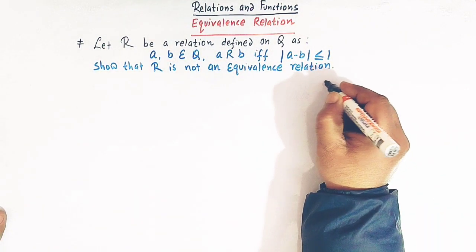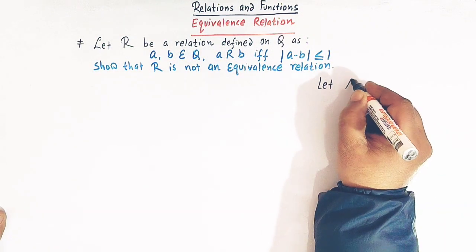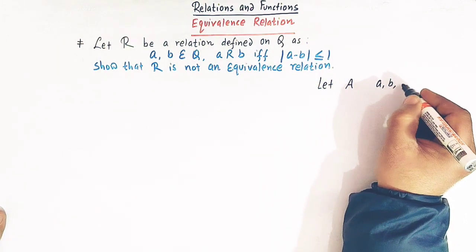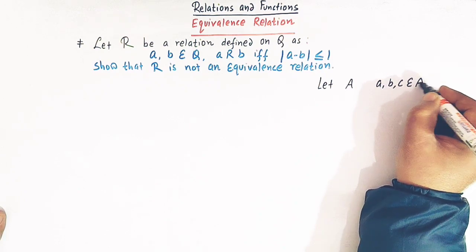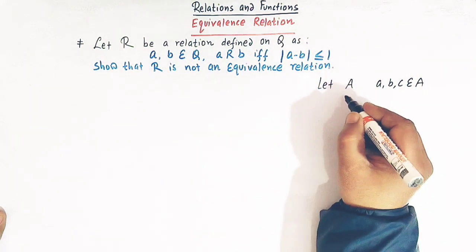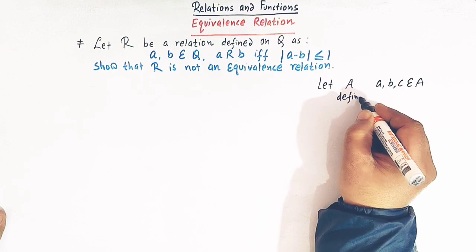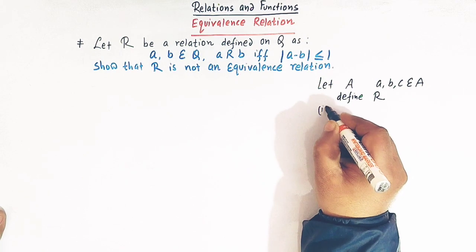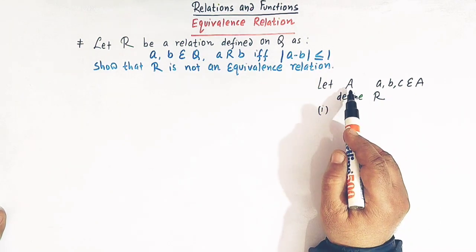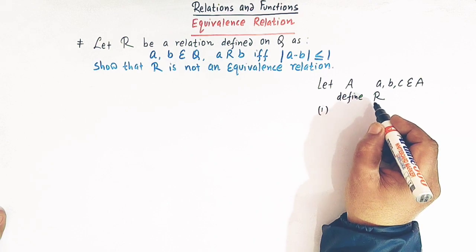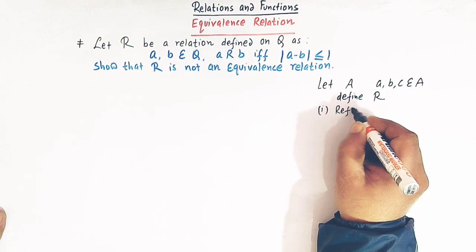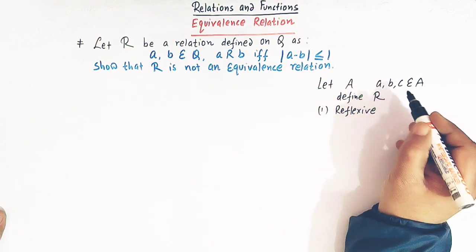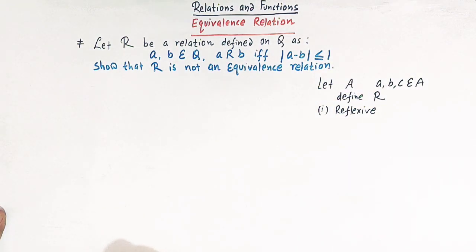So let us consider a set A, and let us consider the elements A, B, and C belonging to this set A. If we define a relation, say R, on this set A, then this relation is reflexive if each element of this set A is related to itself.